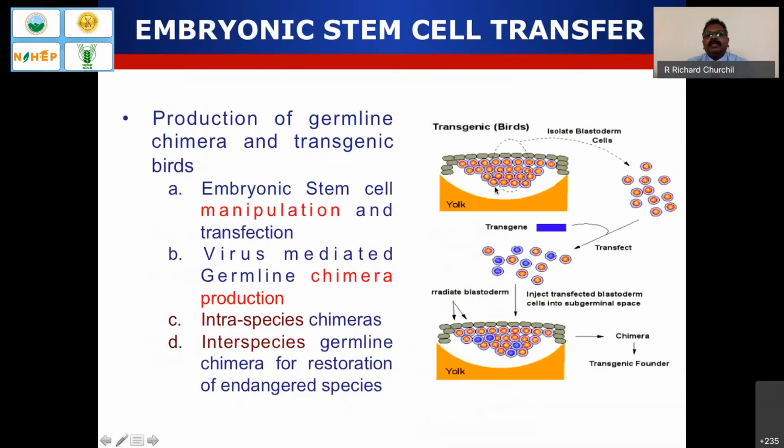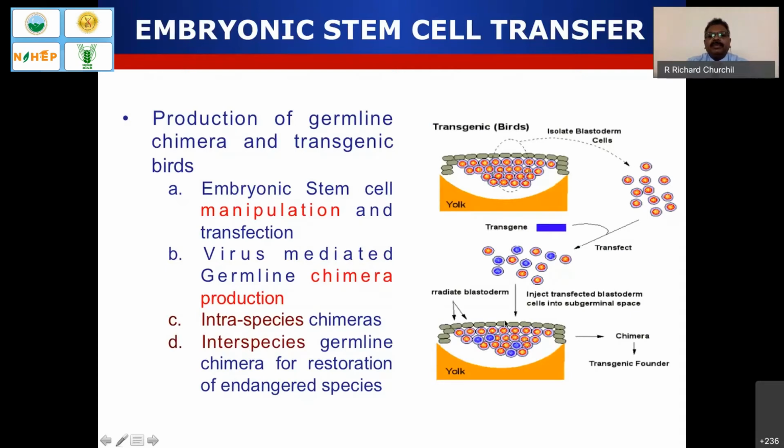So this is the nutshell. Collecting the primordial germ cells or blastodermal cells, culturing in the laboratory, and adding a transgene into that. So these are the transgenic cells, blue color. By using some marker genes, you can select the transgenic cells, the blue ones. And these transgenic cells are introduced into a host, another embryo.